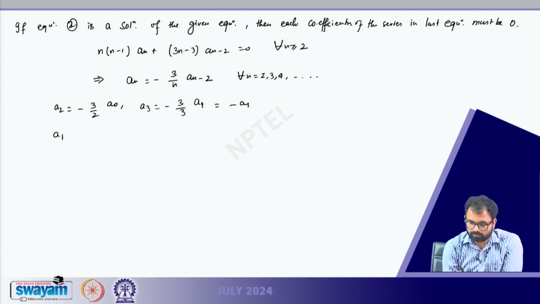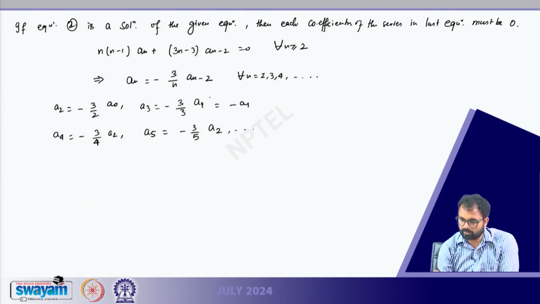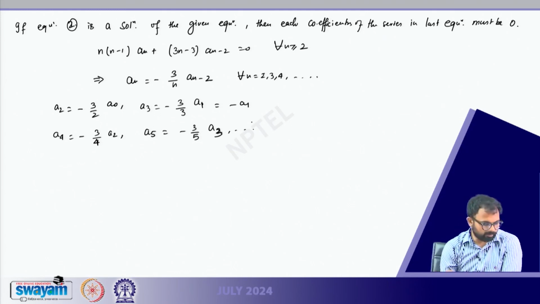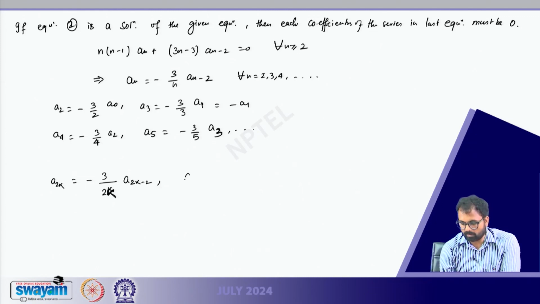Then we have a4 as minus 3 by 4 a2, then a5 as minus 3 by 5 a3, and so on. So we can calculate all these terms. Basically the even ones are a_2k equals minus 3 by 2k times a_(2k minus 2), and the odd terms are a_(2k plus 1) equals minus 3 by (2k plus 1) times a_(2k minus 1), right.